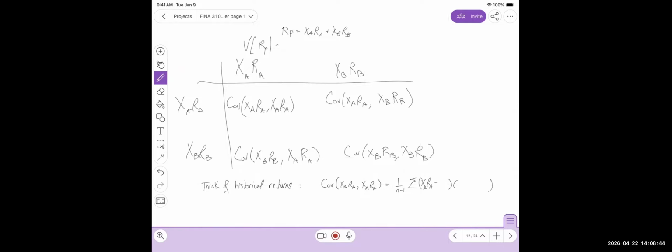XARA minus, and what goes here? This is the mean of XARA.